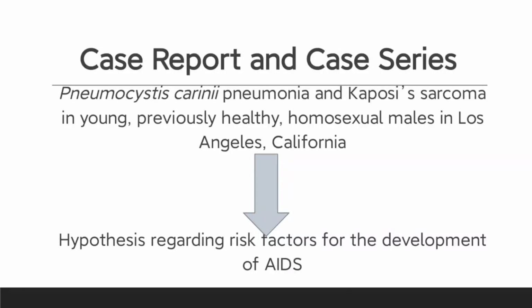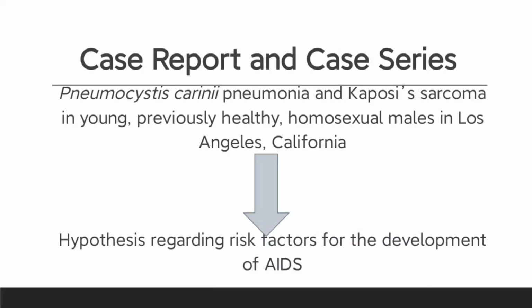So, nag-hypothesize sila, no, na these diseases, or itong condition na to na sarcoma, ang hypothesis nila is regarding the risk factors for the development of AIDS. Bago pa nila ma-recognize na ang AIDS ay AIDS, ito pa lang yung nangyayari back then. Okay?